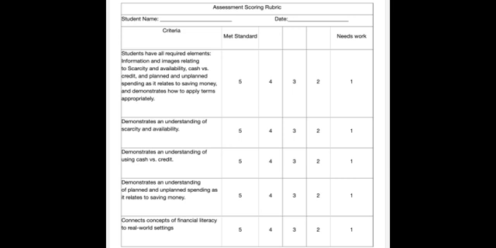Student will demonstrate an understanding of using cash versus credit. And the student will also demonstrate an understanding of planned and unplanned spending as it relates to saving money. Lastly, you will connect concepts of financial literacy to real-world settings. You can be graded a 5, 4, 3, 2, or 1 based on if you have all of your elements or if you need work.